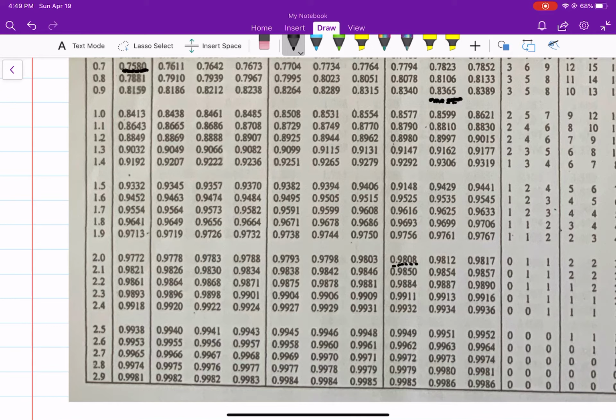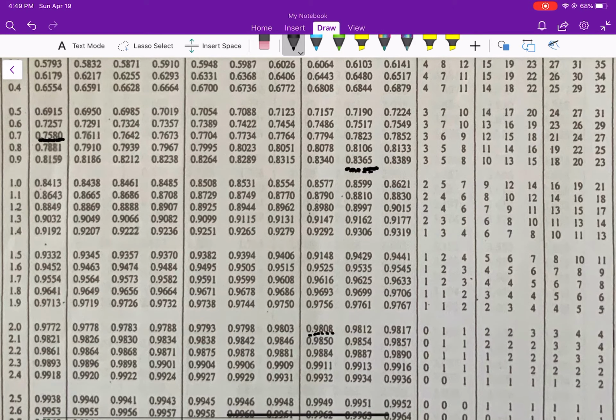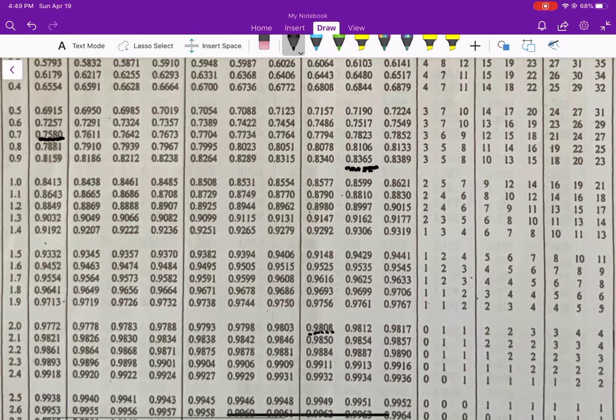0.98, I'm not going to find that directly. The closest one is 0.9783. That means I have to add 17. Is there an add 17? 0.9778. Sorry, 0.9783. 0.9788. That's the closest.